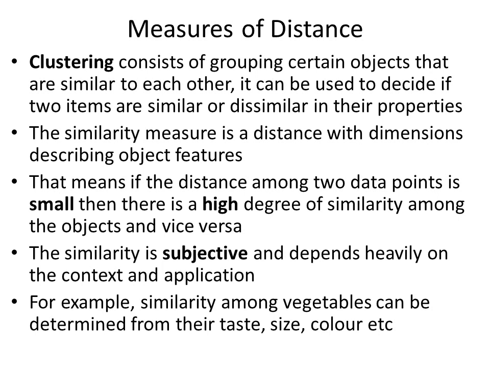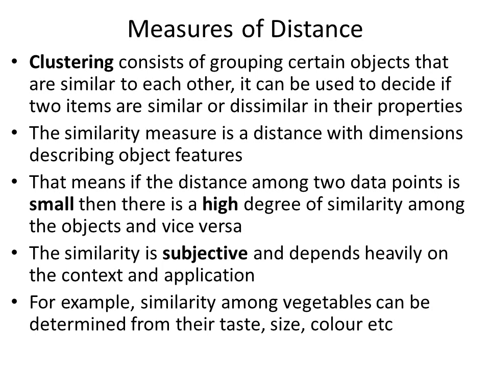That means if the distance between two data points is small, then there is a high degree of similarity among the objects. And if the distance between two points is high, then the similarity will be low.